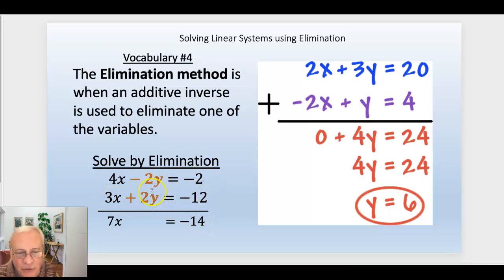If we add those two equations together, we eliminate the y, because negative 2y and 2y are additive inverses. We eliminate the y, and that's easy to solve for x. And then you plug it back in. Take a look at this one right here: 2x and negative 2x. When we add those together, the x is eliminated. Then it's easy to solve for the y.